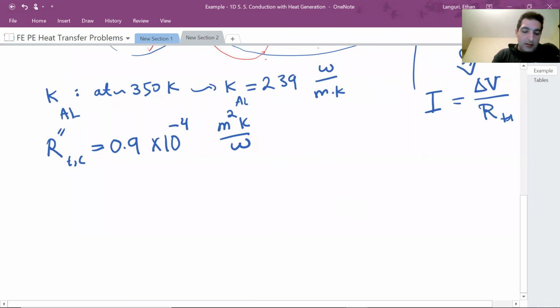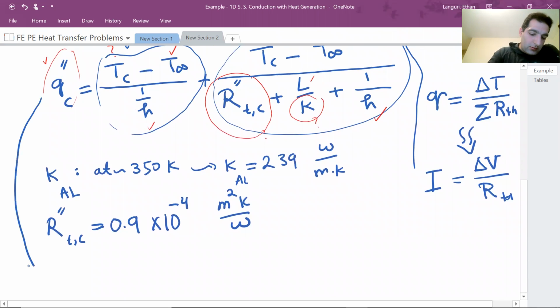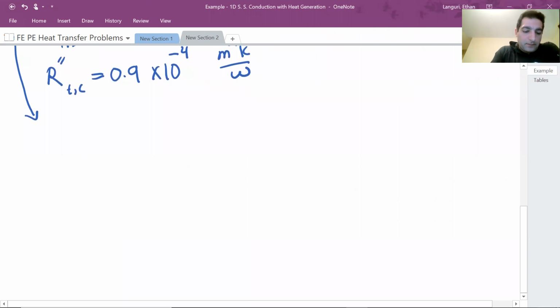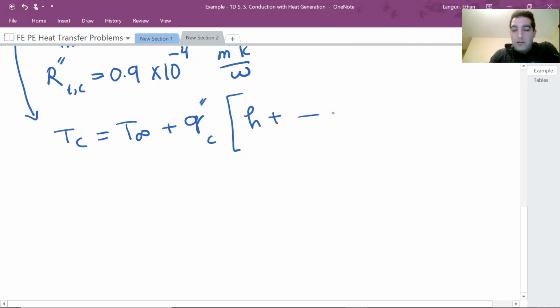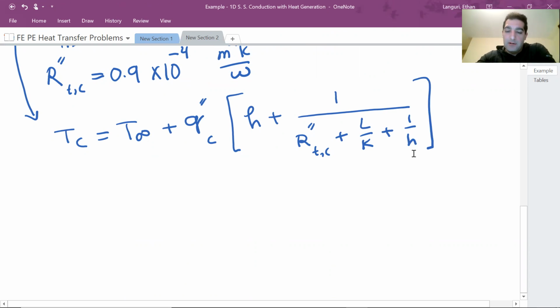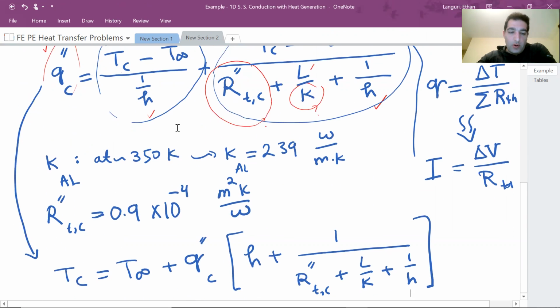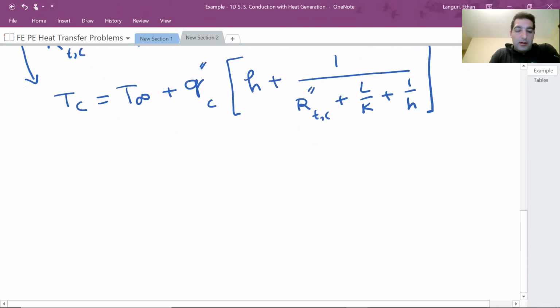If you do this, from this equation, you will have chip temperature, or TC, is equal to T infinity plus heat flux generated inside the chip times the bracket of 1 over H plus contact resistance that we found from the table, plus L over K, plus 1 over H. Okay, we just did some rearrangement of this equation. And again, we're looking for TC.